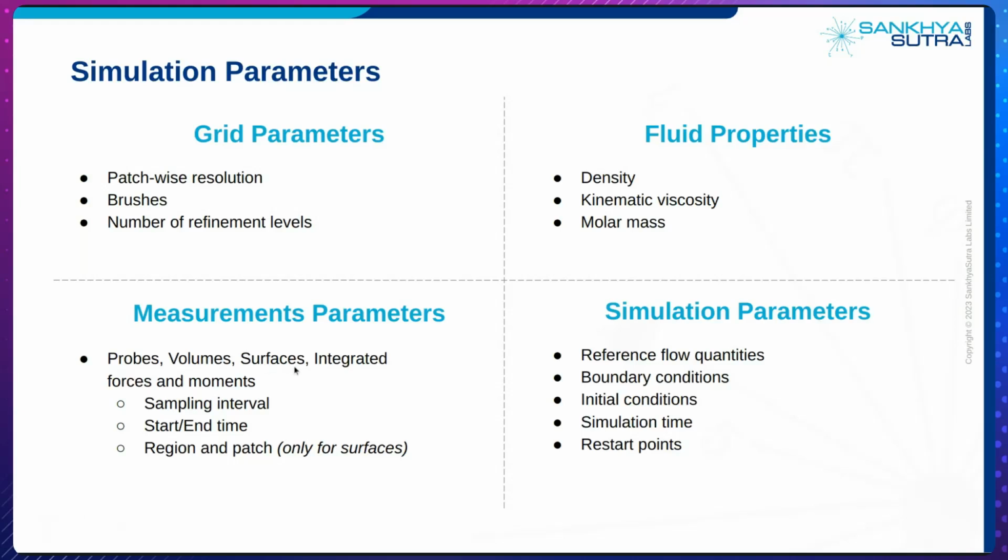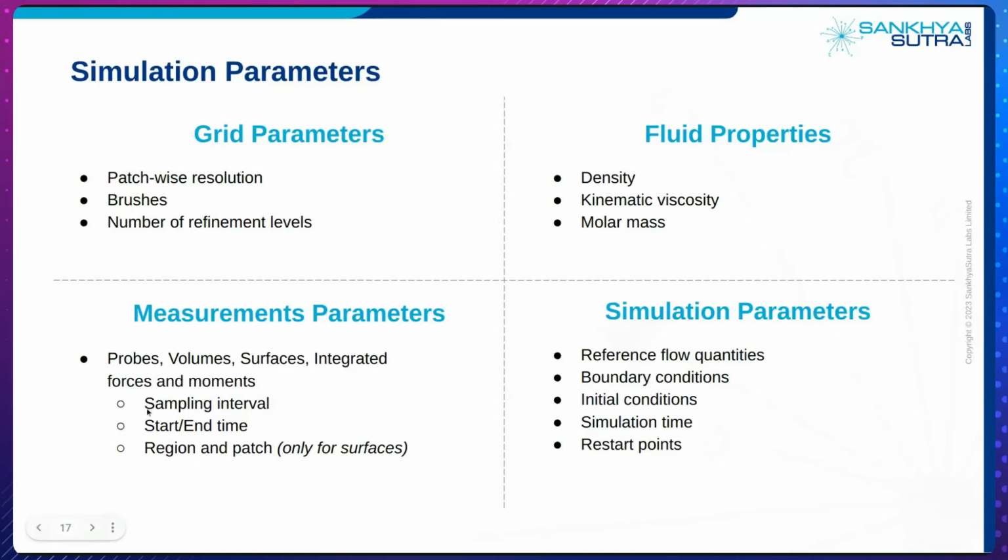Surfaces are where you can print out the information in a CSV file format of the points that are closest to whichever surface you select to print this information for. And finally, you can select to print integrated forces and moments, and you're able to monitor the time histories of these forces and moments in a live manner on the GUI tool itself.